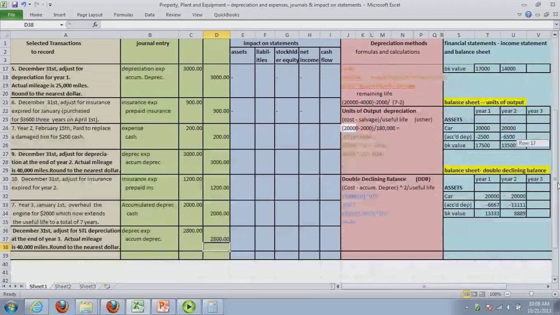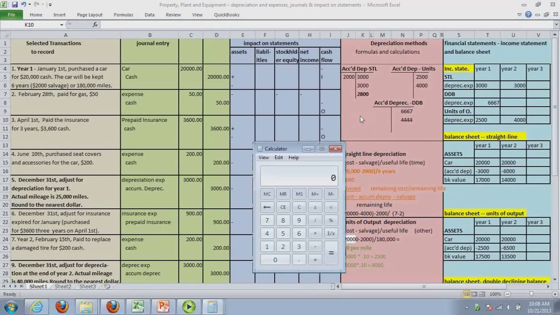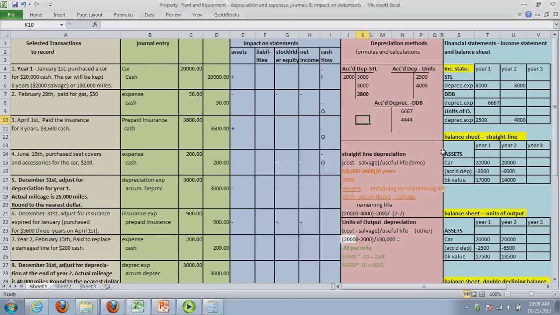If I add the 2,800 up here, let me take off this for a minute, add the 2,800 and do the calculation, we have 3,000 plus 3,000 plus 2,800 minus 2,000. My math is right, 6,800 would be what goes over here for straight line.